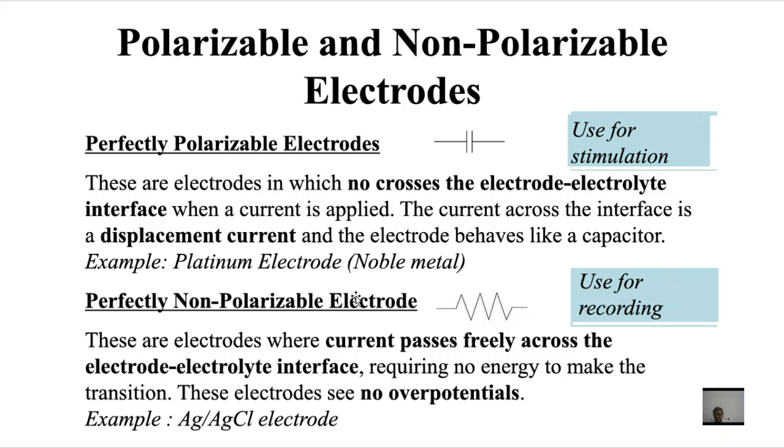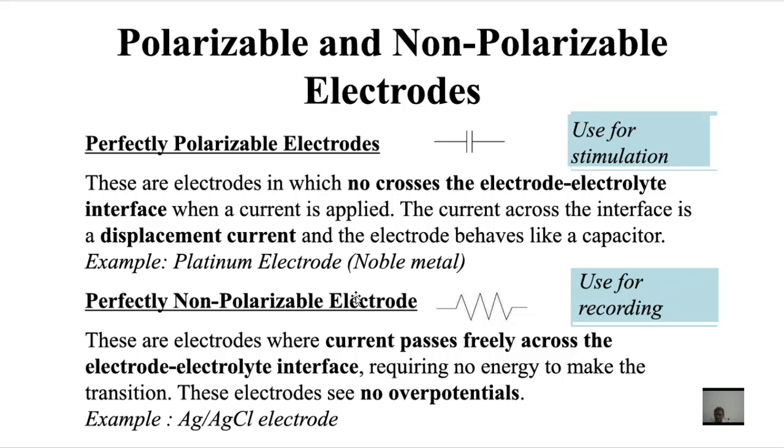But if no ions are moving through the interface despite the small current applied to the electrode-electrolyte interface, then it is called a polarizable electrode. If the current is zero, that is, no current across the interface, that is called a perfectly polarized electrode.